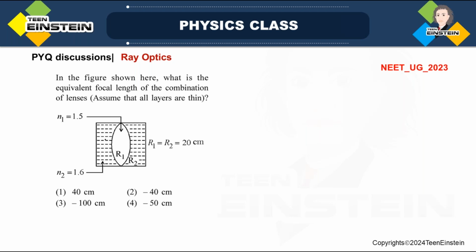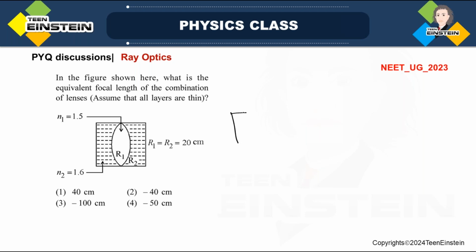Take it as some liquid like glycerin, and this is a convex lens made of glass, which has refractive index 1.5. When you immerse it like this and keep it fixed, you can see very closely that I have three thin lenses in combination.